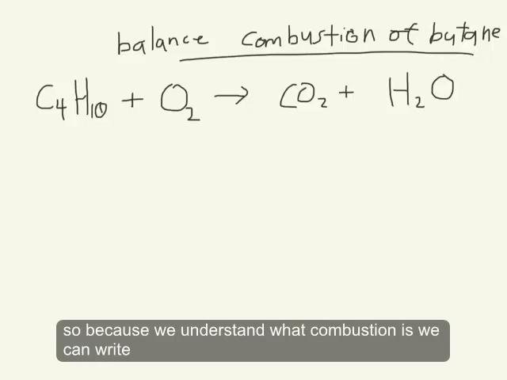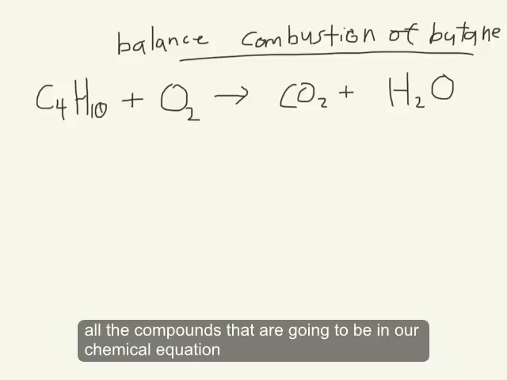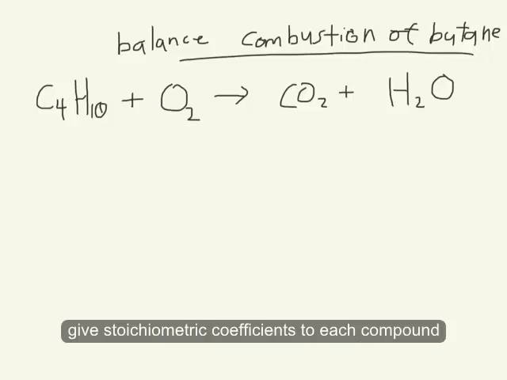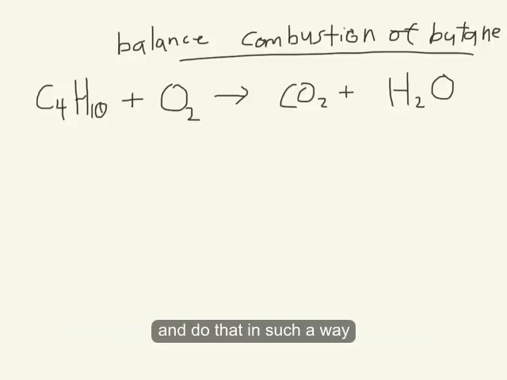So because we understand what a combustion is, we can write all the compounds that are going to be in our chemical equation. Now we have to give stoichiometric coefficients to each compound, and do that in such a way that no atoms are created or destroyed during this reaction.